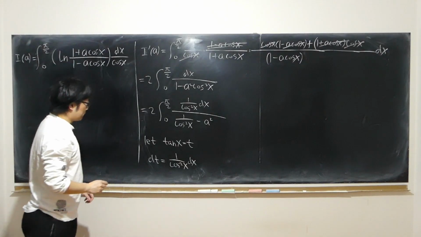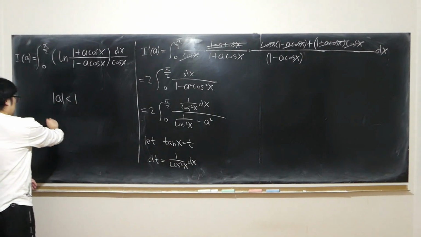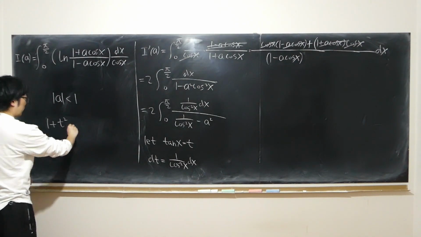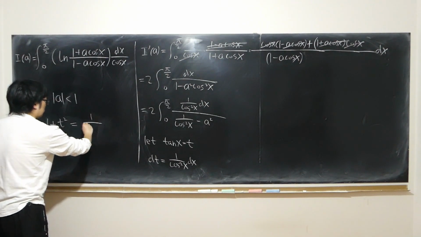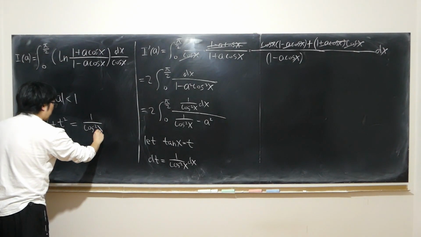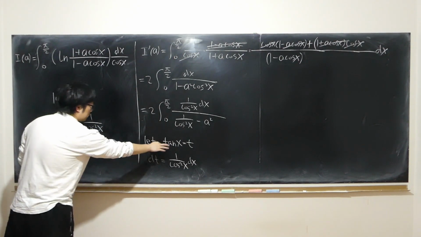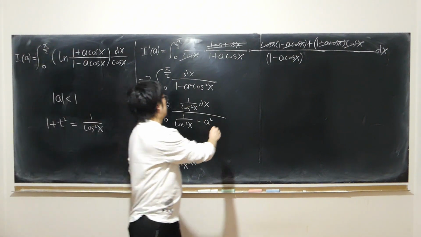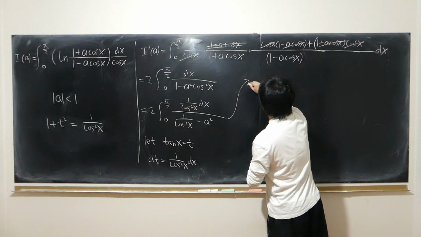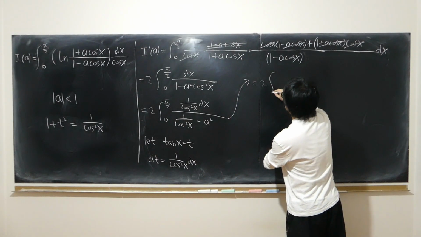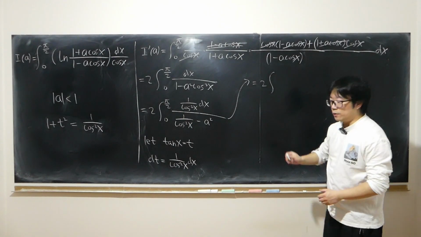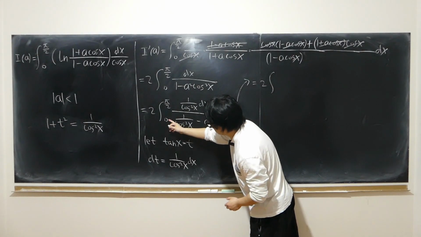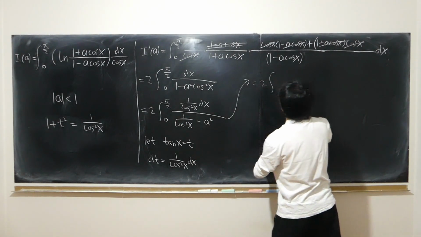And not only that, once we have this, I say 1 plus t squared, right? That's 1 plus tangent square. We have the formula 1 over cos square x. Okay. So here I can just replace, and since we use substitution, where x equals 0, t should equal 0 as well.